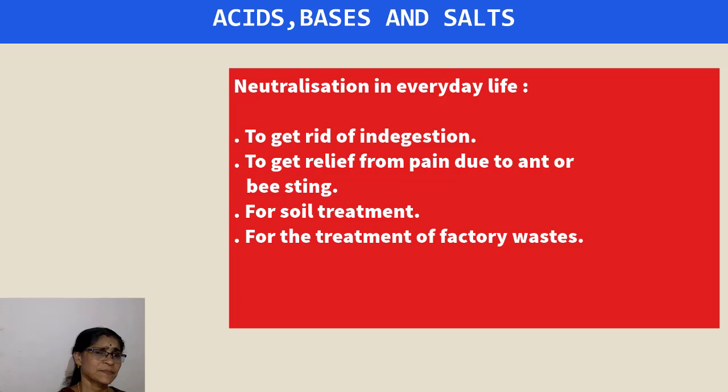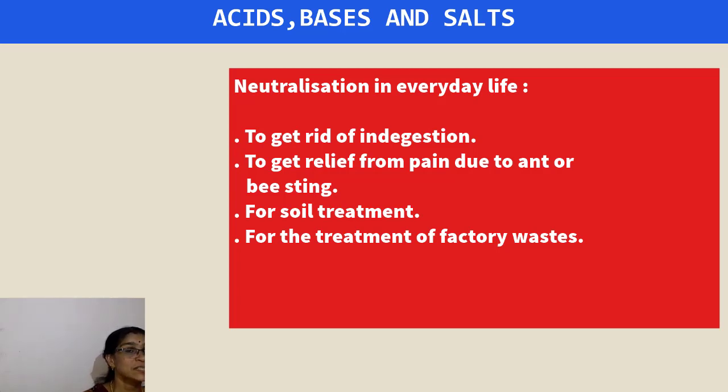If an ant bites, what is your feeling? We have pain. To cure the pain of these ant bites, there also neutralization plays a role. The itching or the pain of the skin we can reduce by using baking soda.